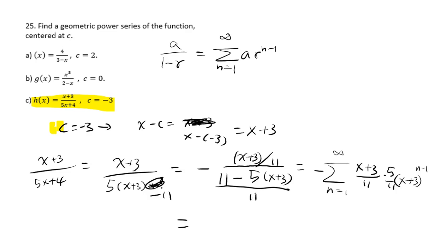And actually this entire thing is taken to the n minus 1 power. So you're going to get negative of 5 to the n minus 1 power over 11 to the n minus 1, but there's another 11 here, so it'll be 11 to the n. And x plus 3 to the n minus 1, but there's another x plus 3, so if you multiply these two together, it's going to be x plus 3 to the nth power, and you have sigma n from 1 through infinity. So that's how you do it.